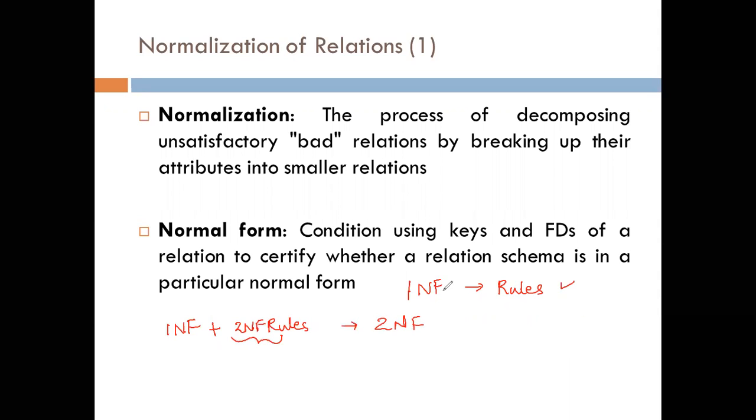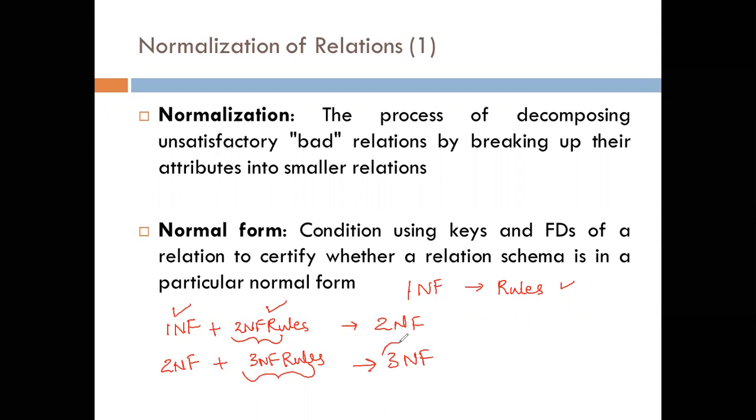Which means 1NF is the base rules. If it follows the basic rules, then we call it first NF. If it follows basic rules plus the rules of second level, then we call it as it is in second normal form. Then if it follows the second normal form plus additional rules of third normal form, then we say the relation is in third normal form.